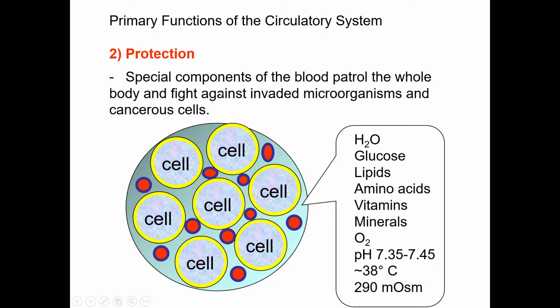One additional function which can be allocated to the circulatory system is protection. We know that the blood has one of the important categories of cells, which are referred to as WBC or leukocytes. The WBC or leukocytes are the soldiers of the body, the scavengers of the body.